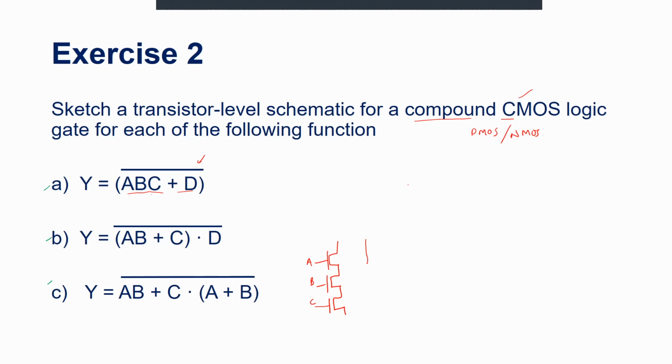So I have to put another switch which has input D. That's the total NMOS circuit that I see here. Once I form that network, I take the complement: because 3 switches are in series here, the PMOS are going to be in parallel.